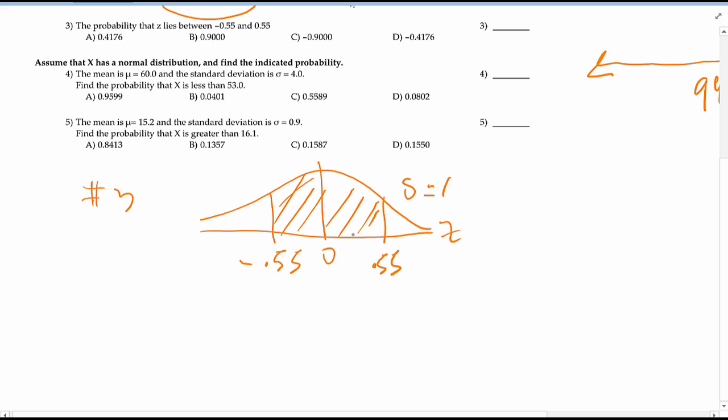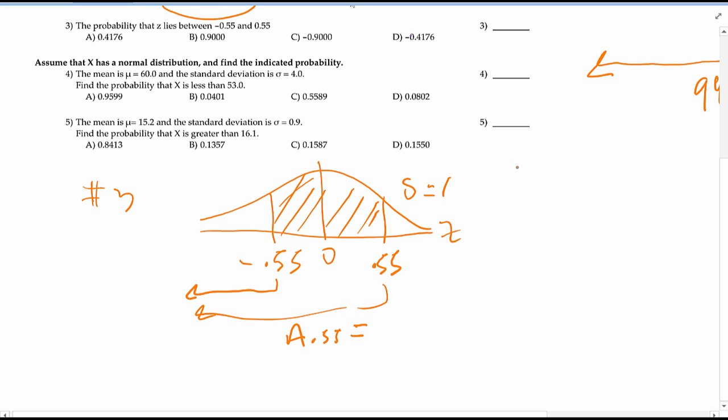So one way of doing this is that if I read the positive table at 0.55, it gives me all the area below that particular value. And obviously that area is going to be more than 50%, but it's too much. So what I could do is I read the negative table at negative 0.55 and take the difference of the two numbers, because then I get rid of the excess.